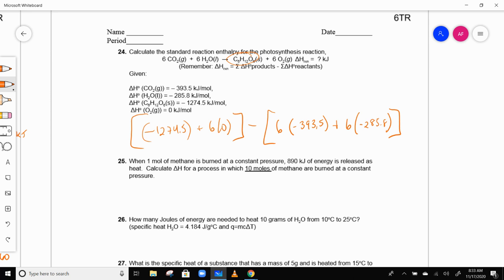Okay, so we just got to do that math there. 6 times 393.5 plus 6 times 285.8. When we do this together, you get 4,075.8, and that's negative.